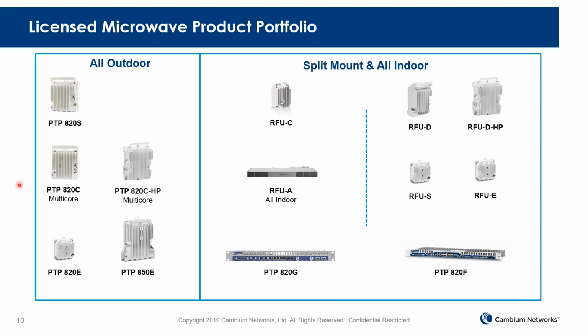On the split mount side, you can see we have 2 groups: A20G and A20F. If you do a simple link, 1+0, 2+0, go with A20G. The A20F is really an aggregation radio, meaning because we have a single modem, we can shoot for 3 paths, up to 5 carriers.